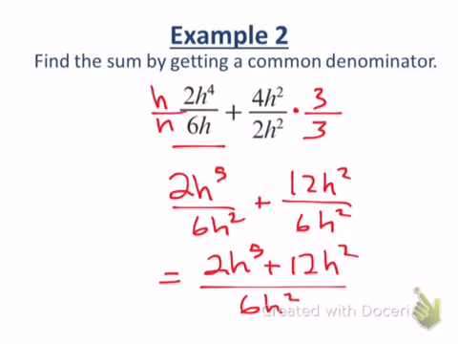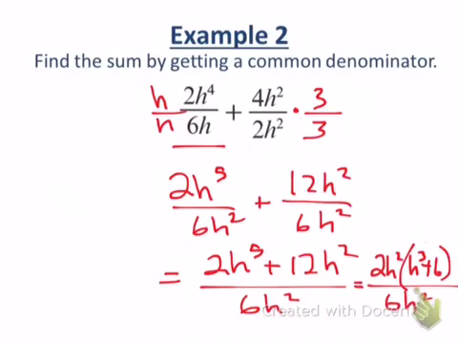I can factor the top. What can I take out of the top? I can take out a 2 and an h squared. And that will leave me with, not plus, h to the third plus 6. And in the bottom, I still got 6h squared. So what can cancel here? 2h squared and 6h squared.